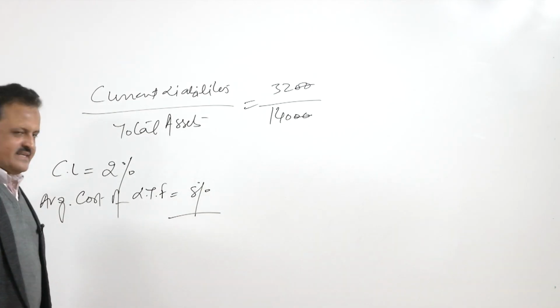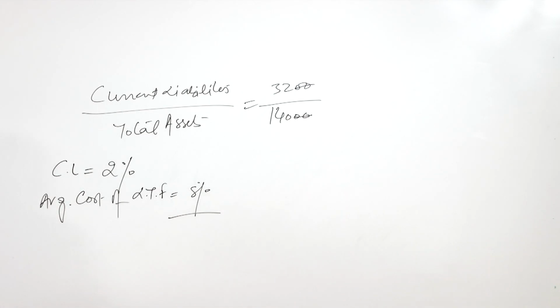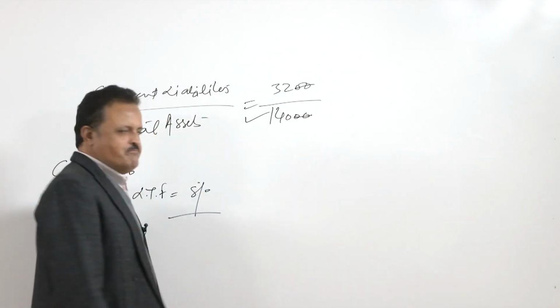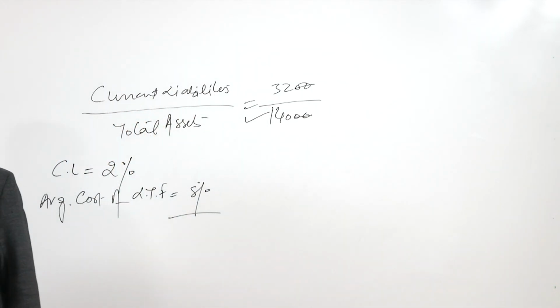Now, in this case, if we use more short term funds to fund this total magnitude of 14,000 total assets, your financial cost will go down, but the risk will increase, because short term sources mature quickly. You have to repay these funds as quickly as possible, so that risk would be there.